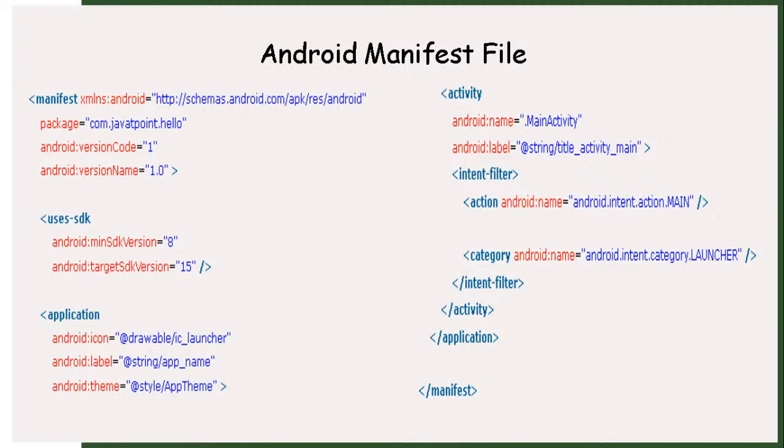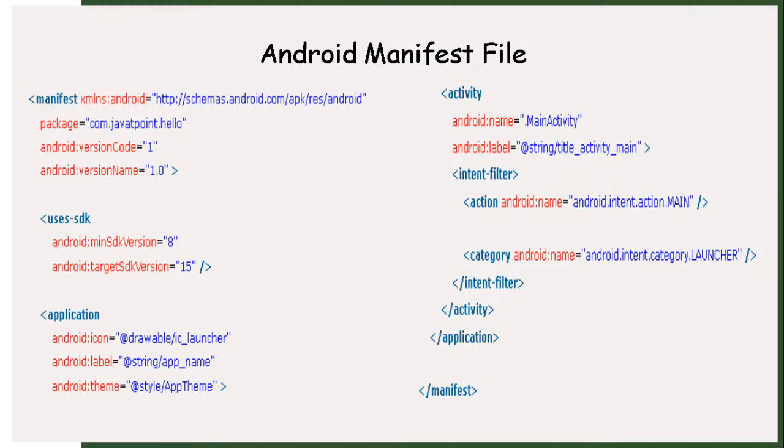So whichever version you want to program, you can give a minimum SDK here that will support your application. Many times when you see an application in Play Store, you will see that this application does not support your device. That is, their minimum SDK version is higher than what you have on your mobile device. So you can set it in the manifest file that our application will use this minimum SDK version.